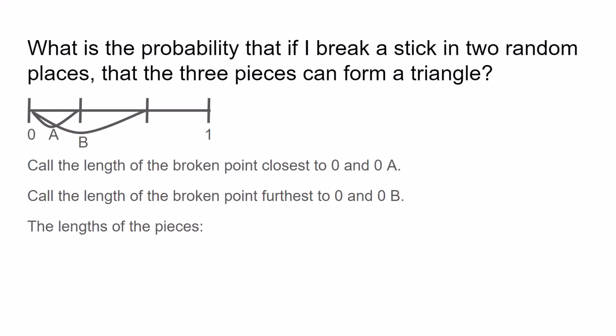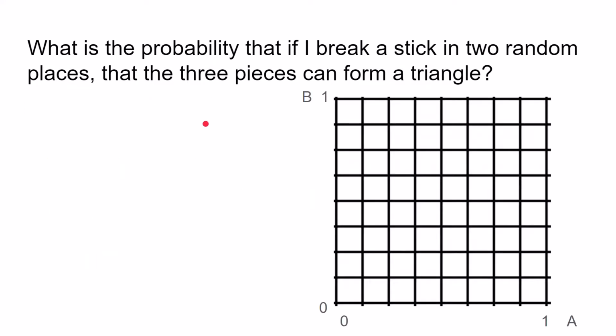And now we can have the length of the pieces, which is, this one is A, this one is B minus A, and finally this one is 1 minus B. And there are 2 variables, which is A and B, so we have a 2-dimensional graph like last time.